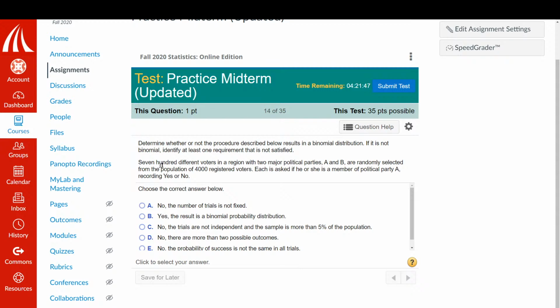So it says 700 different voters in a region with two major political parties, A and B, are randomly selected from a population of 4,000 registered voters, each asked if he or she is a member of a political party A. Record a yes or no. Yeah, this is fine.